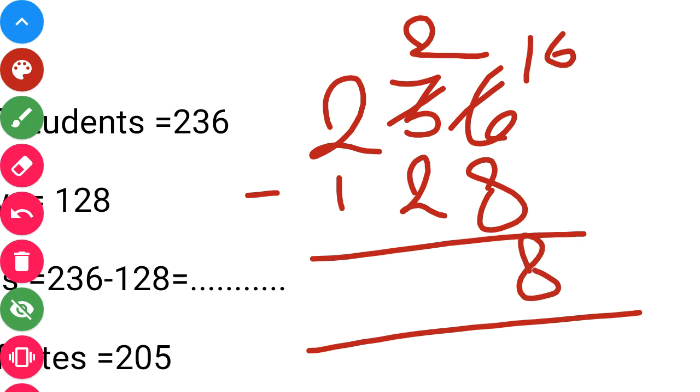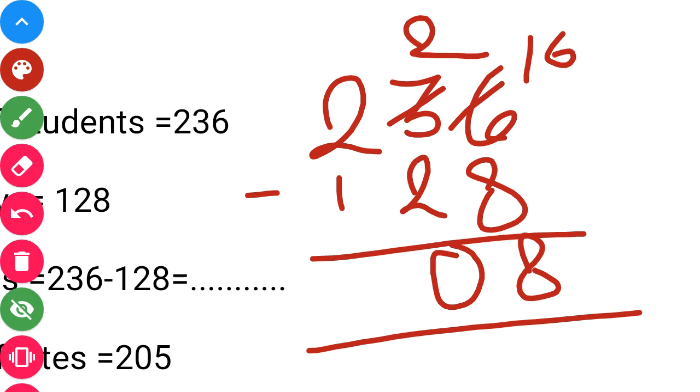Now we are having 2 at 10's place and we are also having 2 down there. So 2 minus 2 we will get 0. Now we are having 2 at 100's place.